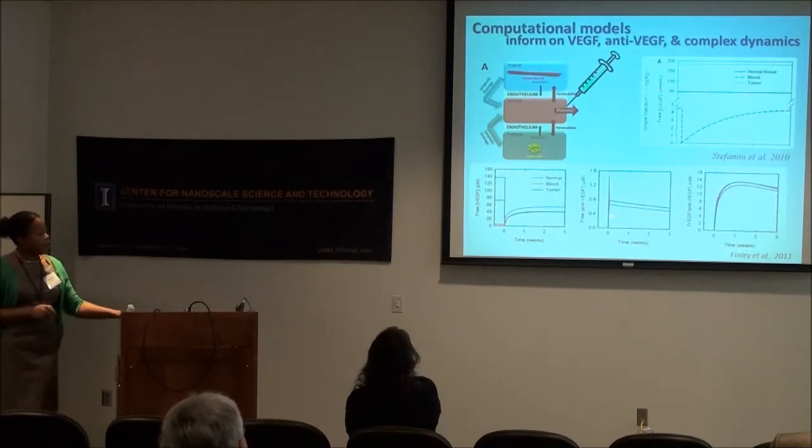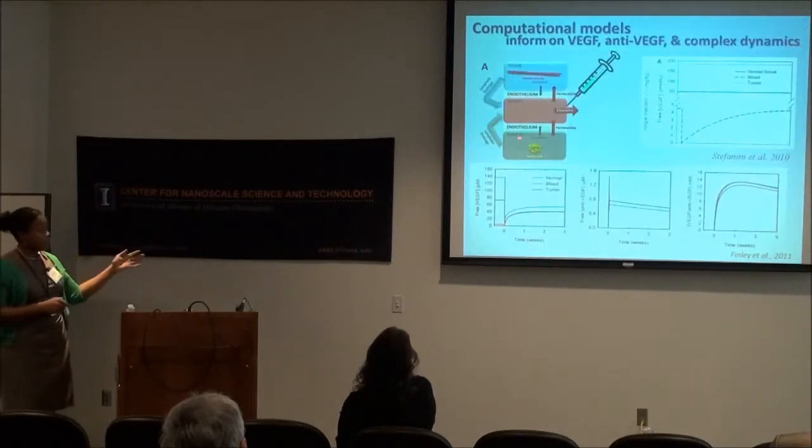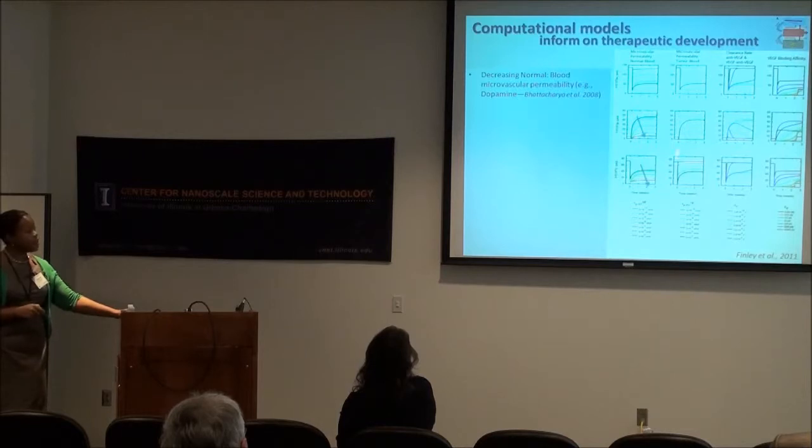And these models also allow us to look at how the anti-VEGF agent complex is distributed over time, as well as the complex of anti-VEGF plus VEGF. We can see those dynamics as well. So I think that in addition to being able to understand what's happening with this type of agent, being able to predict how novel therapeutics can be developed is really the power of these computational models.